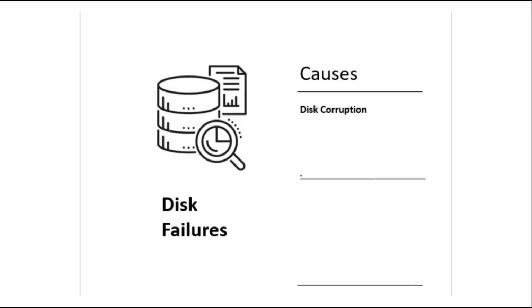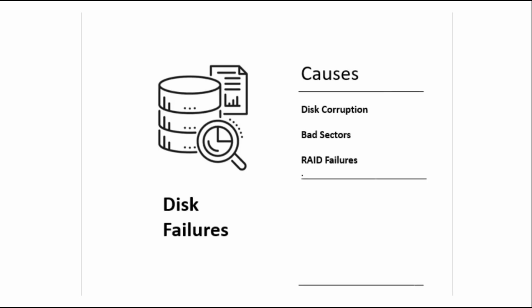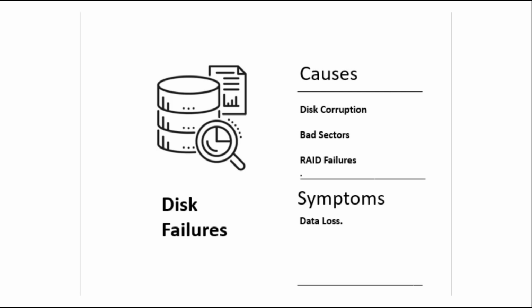Disk corruption. Occurs when data on a storage device becomes damaged or unreadable due to hardware failure, software issues, or improper shutdowns. Bad sectors and RAID failures. The symptoms are data loss, system crashes, and degraded performance.